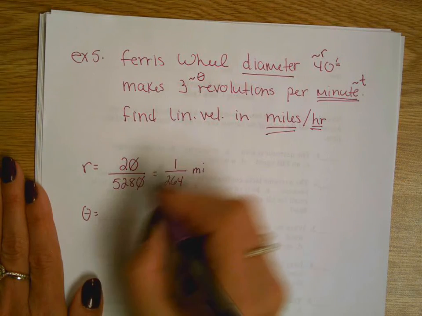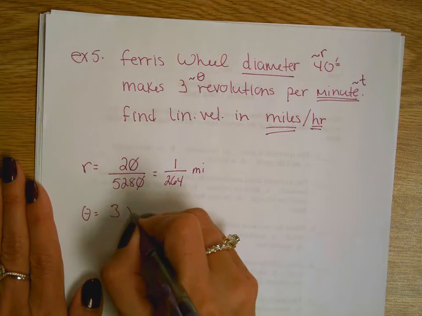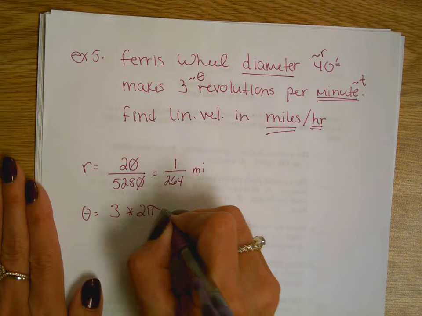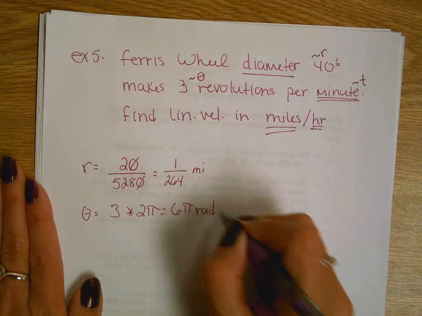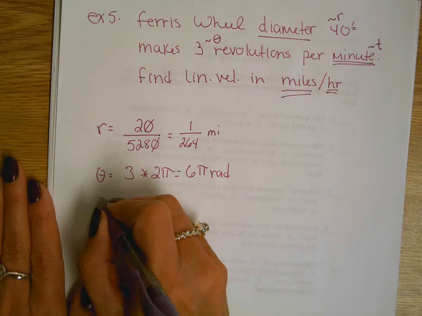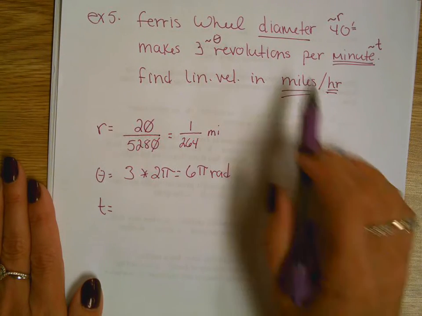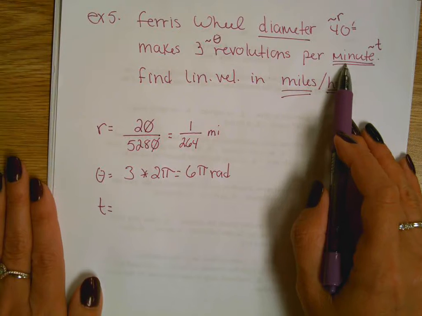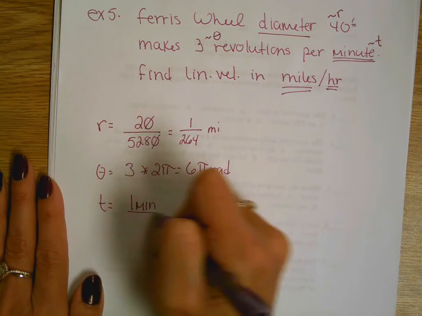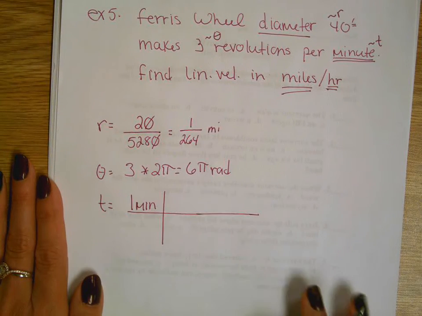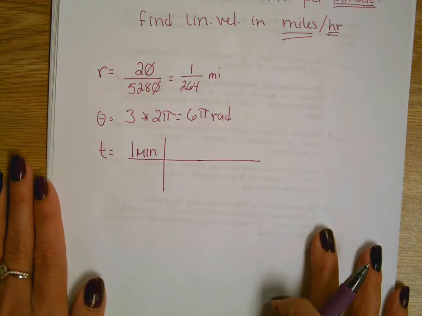Theta, 3 revolutions, multiplied by 2 pi. That'll give us 6 pi radians. And our time we have is 1 minute. We've got to fix that to get what part of an hour is 1 minute.